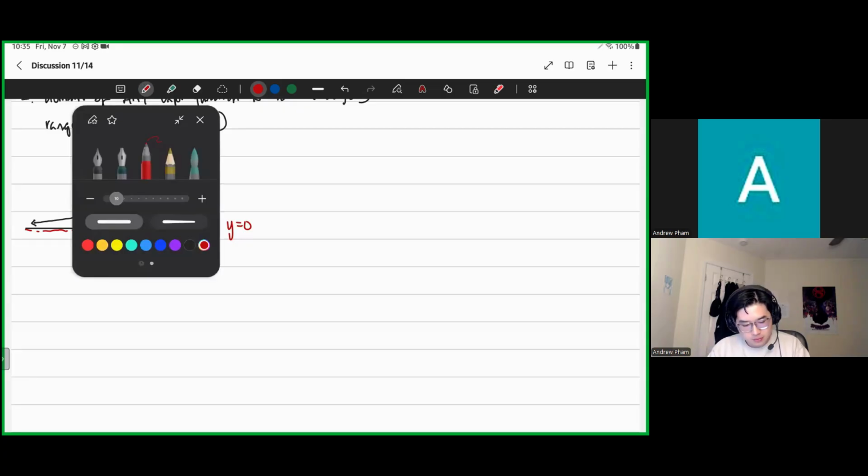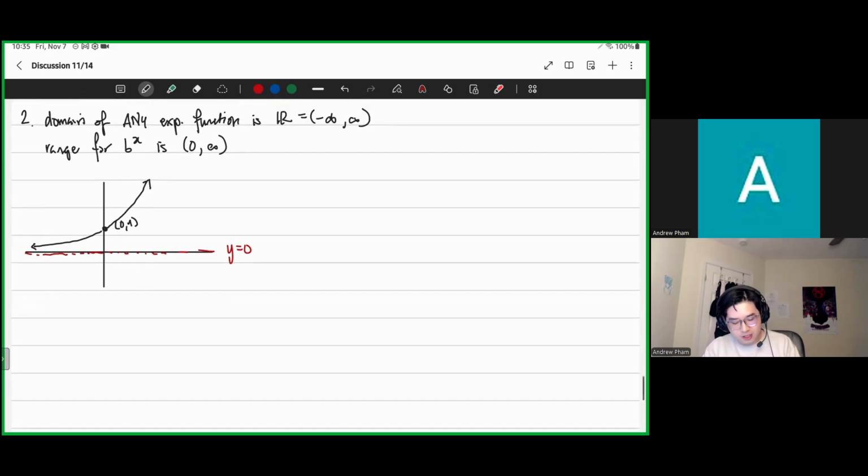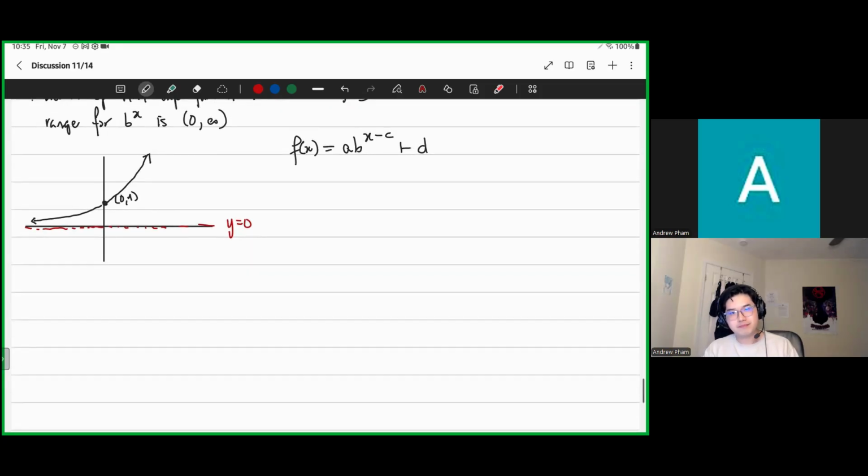Okay? Because this is a function, you can apply graph transformations to it. So the general idea is going to be the same. I have a function f of x, I can write it in the general form of a transformation as a times b to the x minus h plus k. Now let's not use h and k today, let's use c and d.